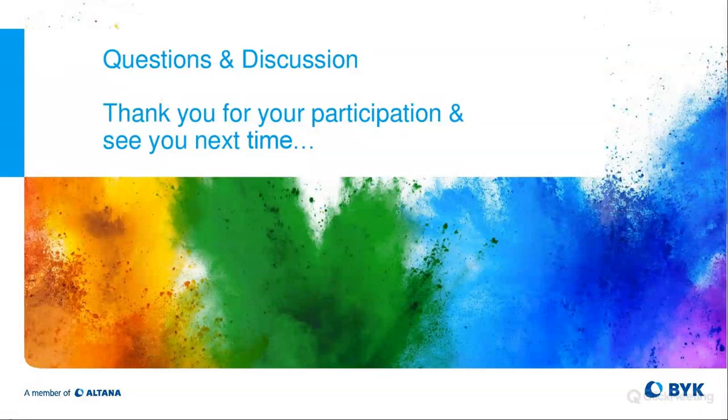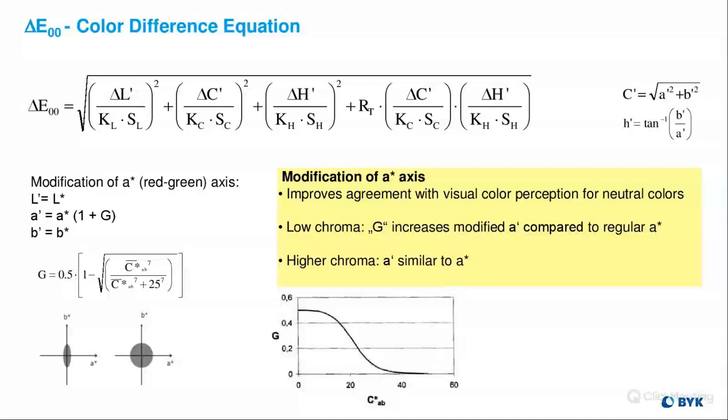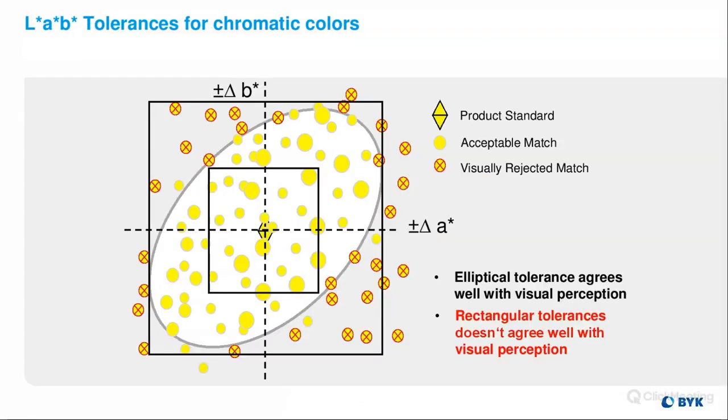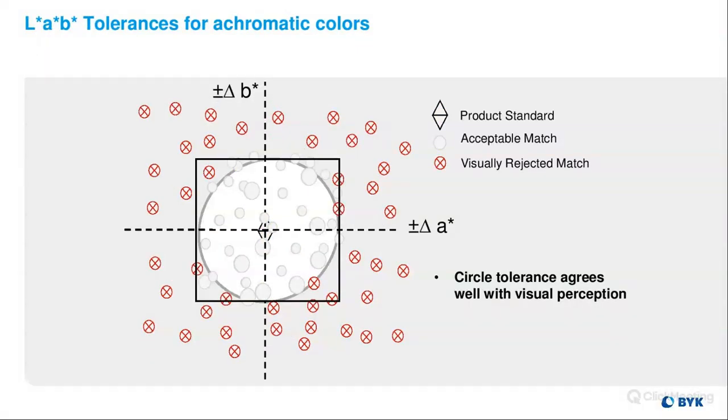So back in the beginning, let me see if I can get back there. Back here. No, back 1. So this box is what my CIELAB is going to generate for my tolerancing.